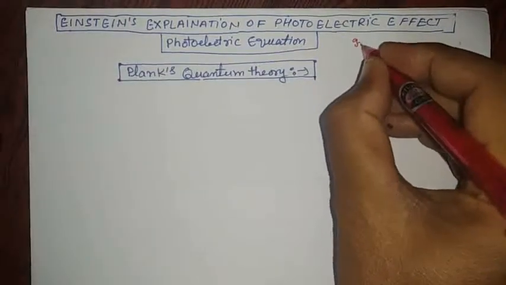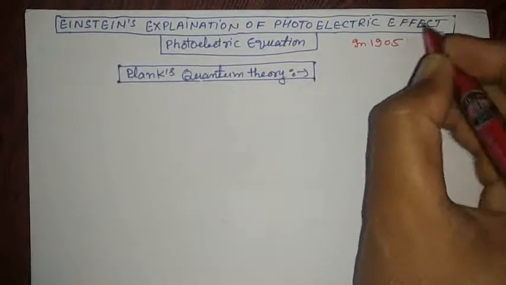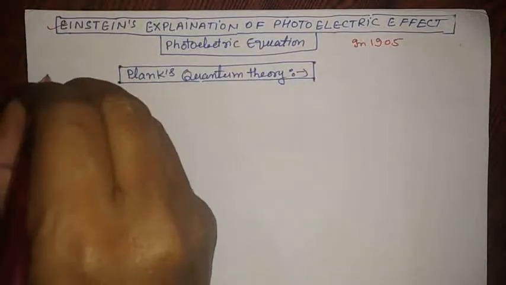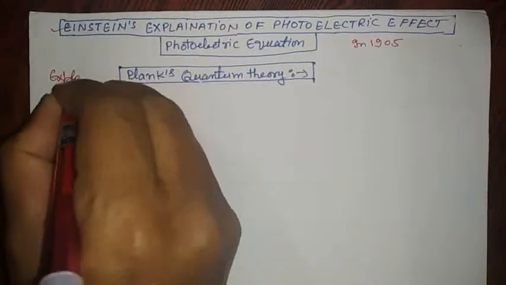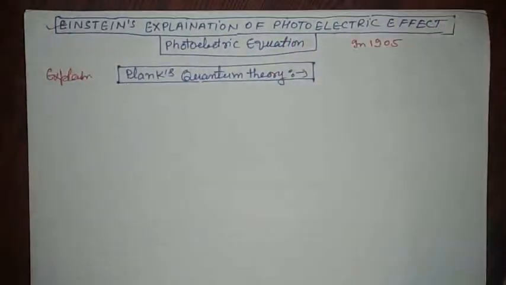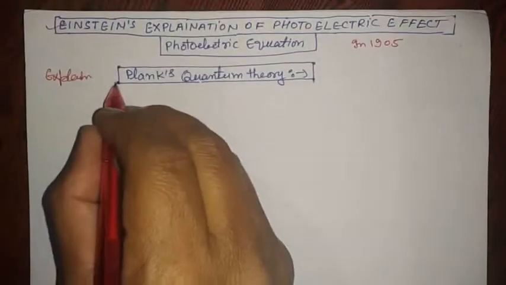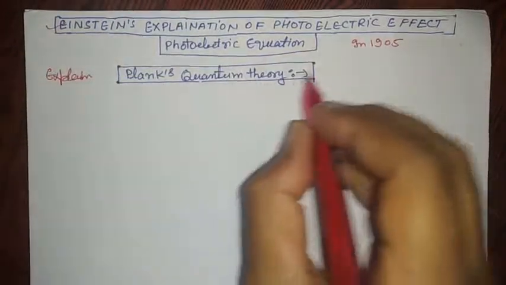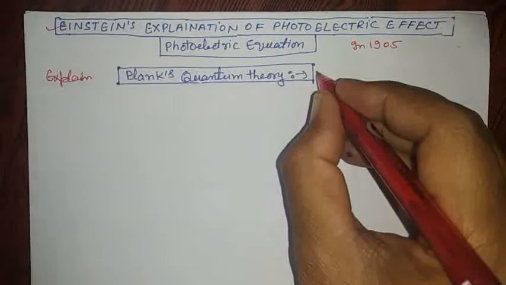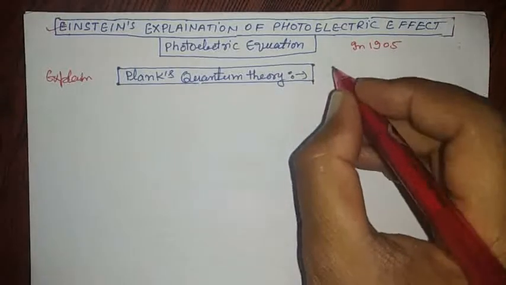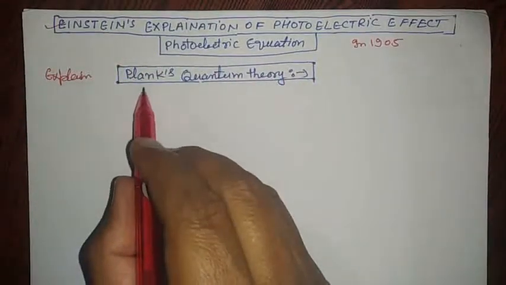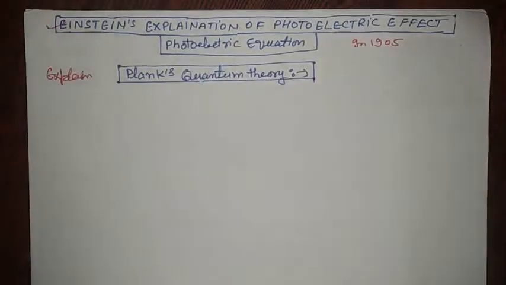In 1905, Einstein explained the process of photoelectric effect or emission on the basis of Planck's quantum theory, and all the observations obtained in the Lennard-Millikan experiment are successfully explained by Einstein by taking Planck's quantum theory.